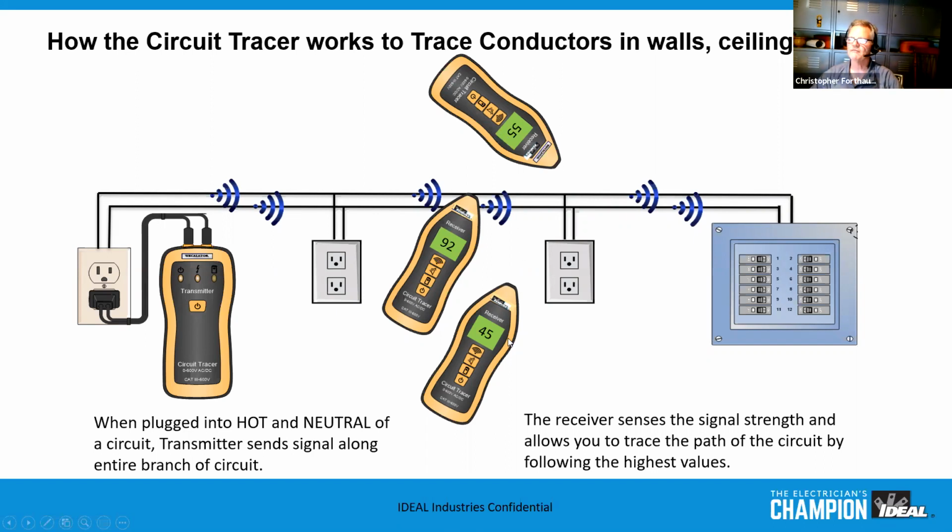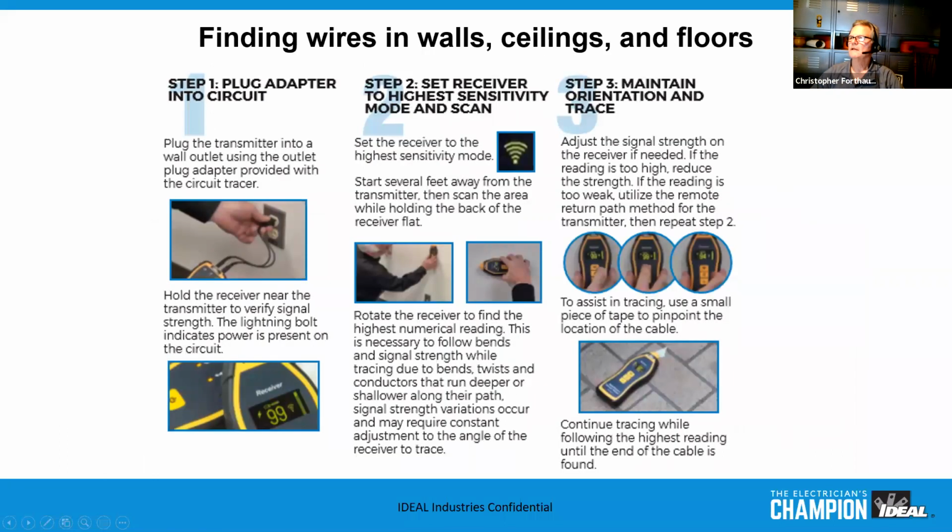Down here, you could be at 45. And as you scan over the conductor that you're actually tracing, that's where you'd get the highest reading. So you can basically go down the wall this way and identify your particular conductors. And again, this is also in the quick reference brochure that I referenced earlier.